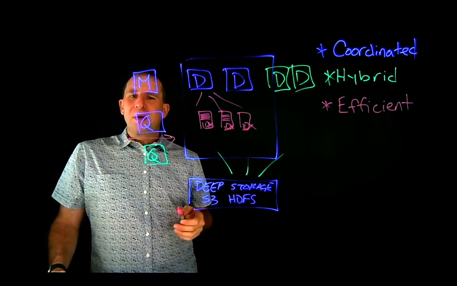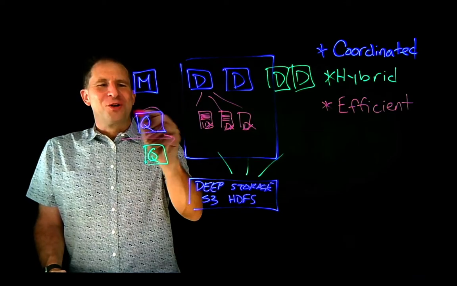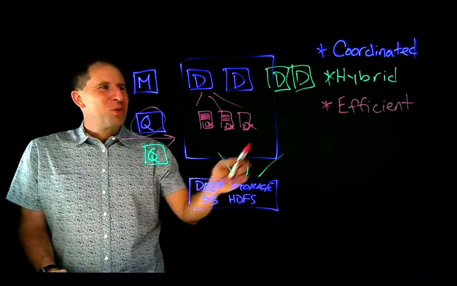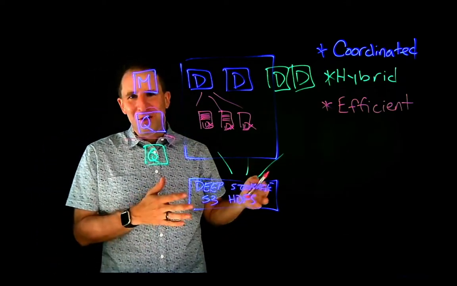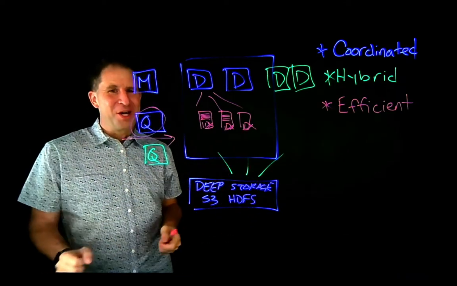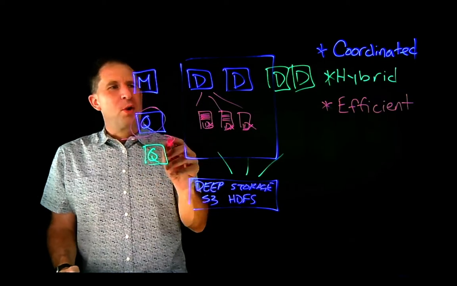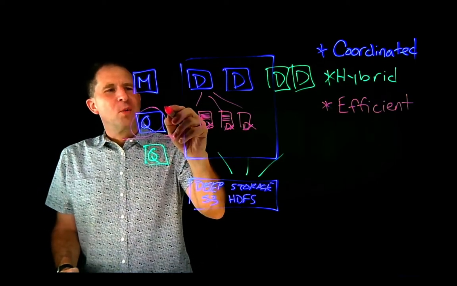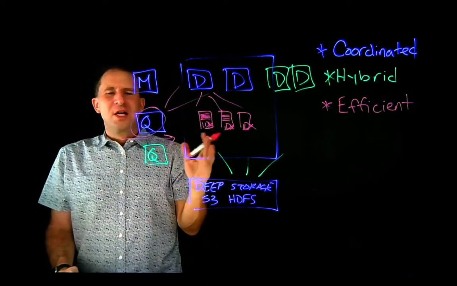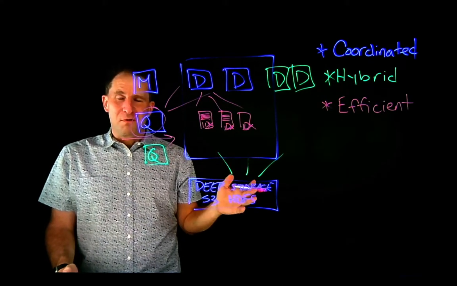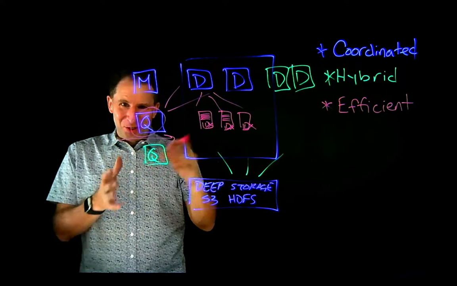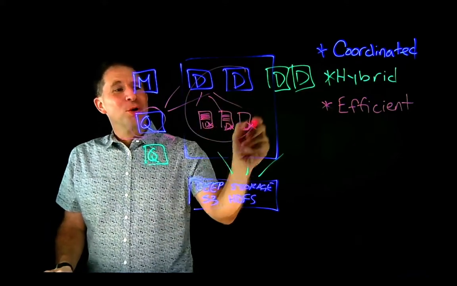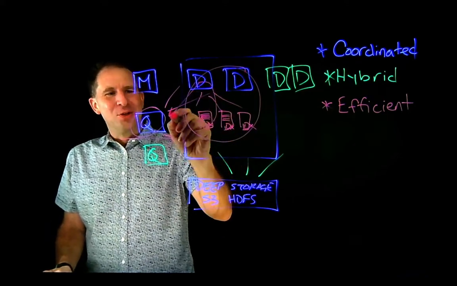So when a query comes in, obviously the query server is going to handle it, but then here is where all three of these things, the coordinated processing, the hybrid architecture, and the efficient storage engine, all come together, at the moment of a query. So a query arrives, and the query server will distribute this to the data nodes that are relevant for that query. So we call that scatter, and then it gathers the results locally, usually, back to the query node.